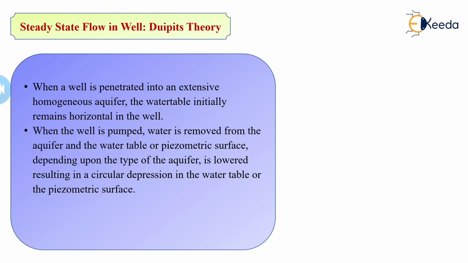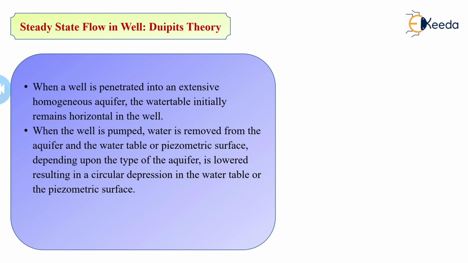Then as soon as we start to extract water from the well, what happens? Water is removed from the aquifer, but the water table and the piezometric surface, this horizontal surface, is lowered depending upon the type of aquifer.